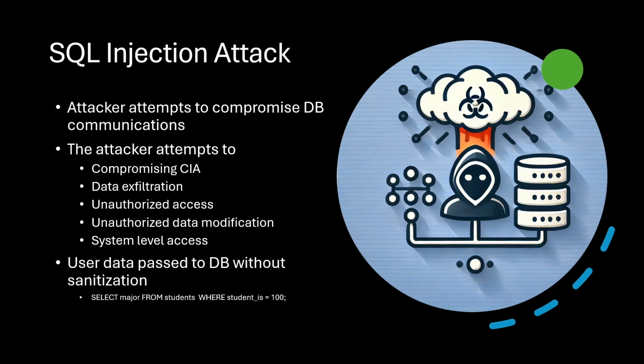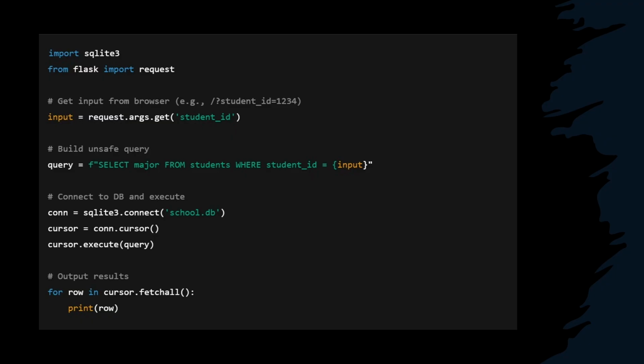Let's see an example in Python. As you can see here, we first read the student ID and put it into the input variable, and then we construct a query using the user provided input, which is then passed to the database.